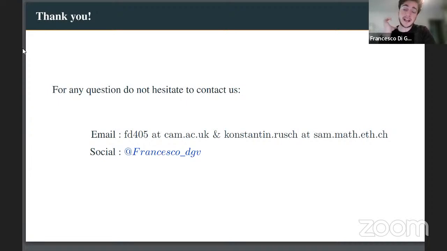Because you have this very nice spectral decomposition of the commute time, this is the right object that enters these bounds very naturally. It's not something that I forced. So this seems to be the right object to look at.